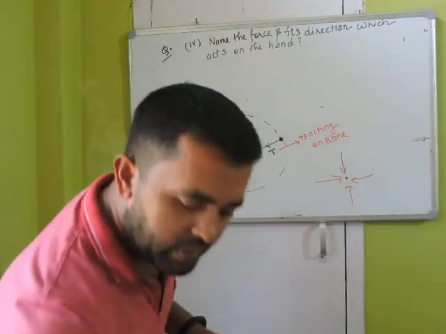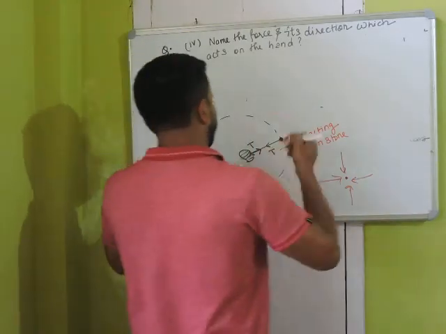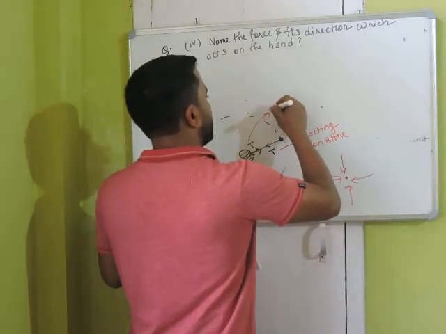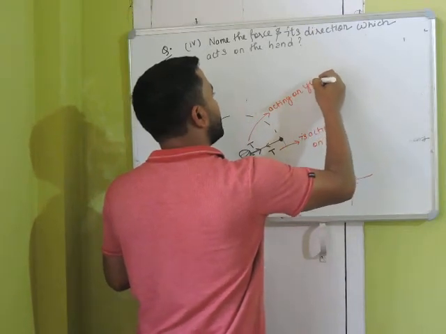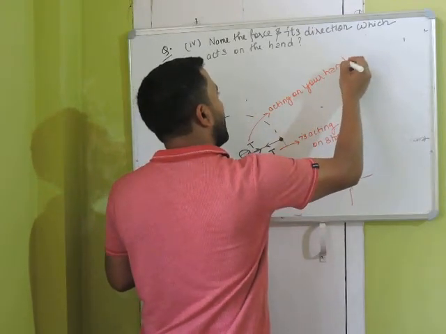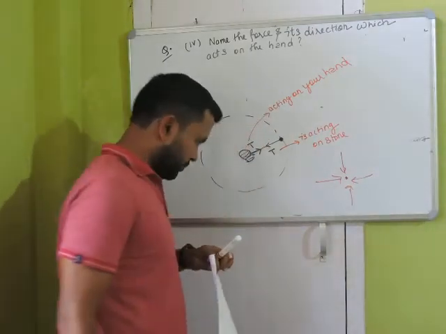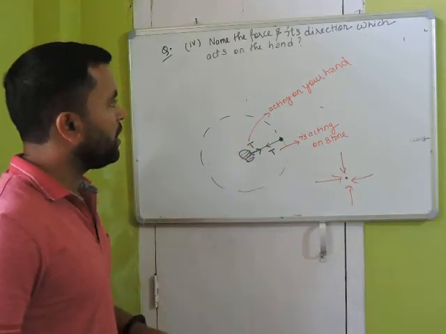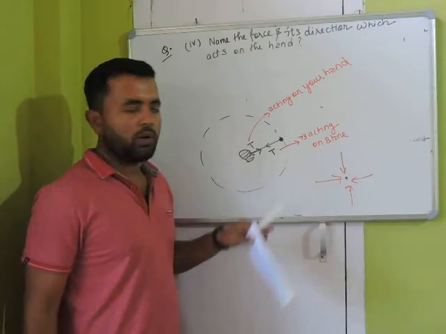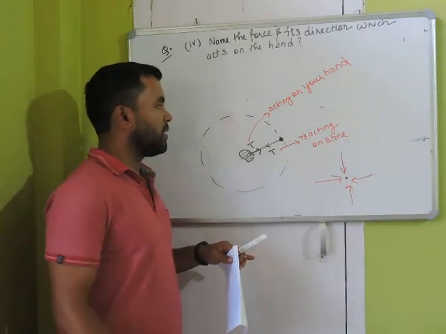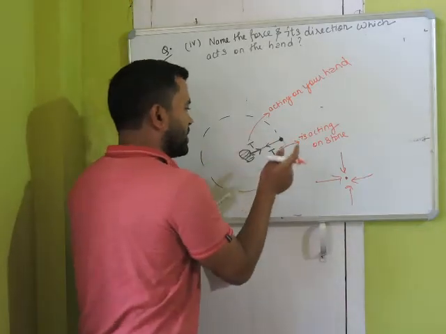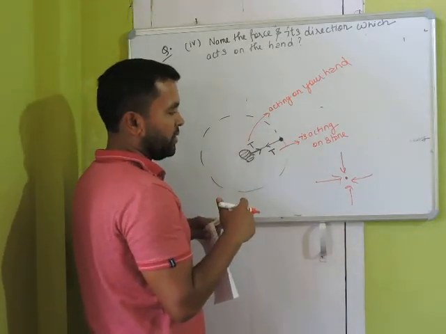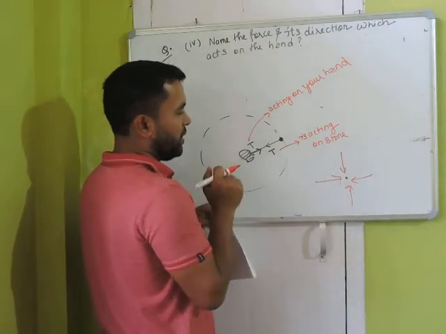So this tension is acting on your hand, and this is an example of Newton's third law. You can imagine every action has an equal and opposite reaction, and the reaction acts on a different body.